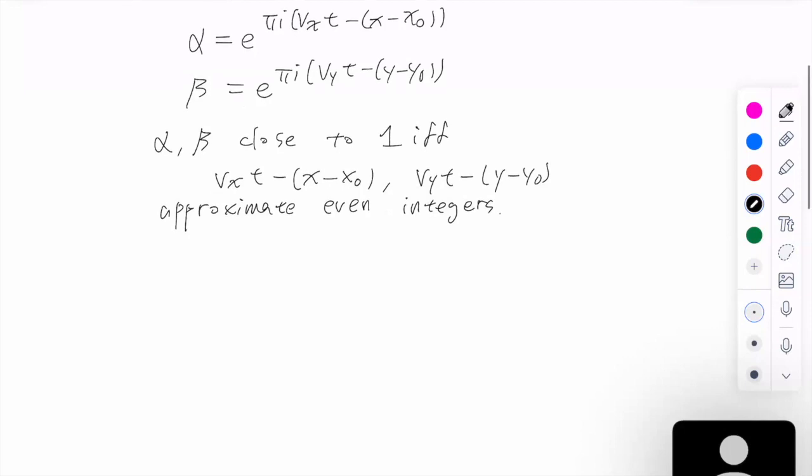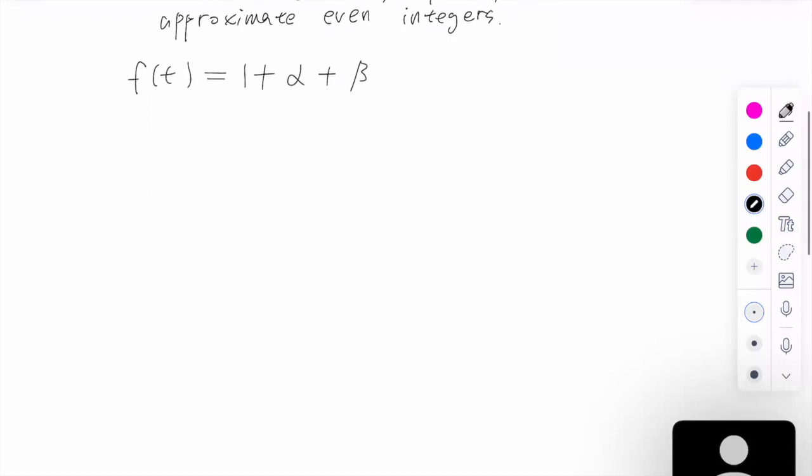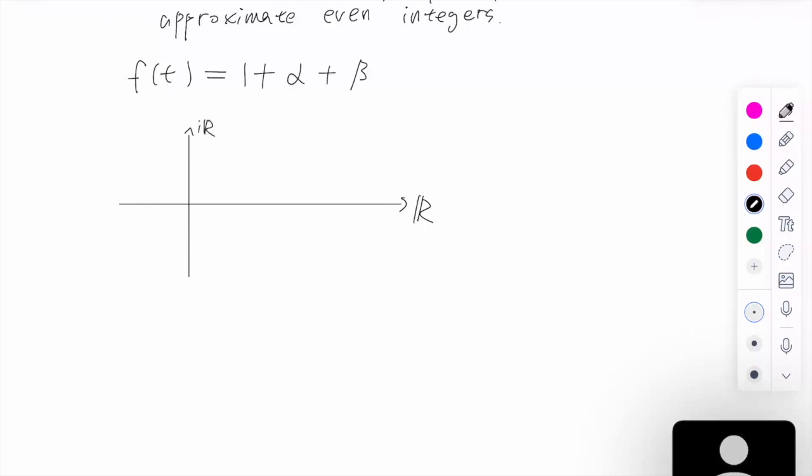And we can achieve this by constructing the following function. If we interpret the meaning of this function in the complex plane, it has a very interesting geometric meaning. Let us denote our complex plane, and we let this be the point 1.